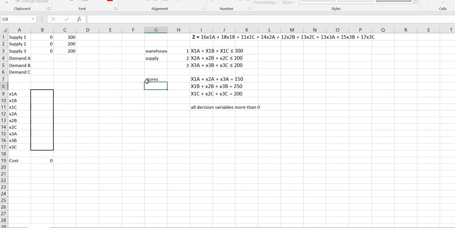Okay, these are the 3 stores, A, B, and C, and they have limited demand. So this equals 1A plus 2A plus 3A, and it equals 150.